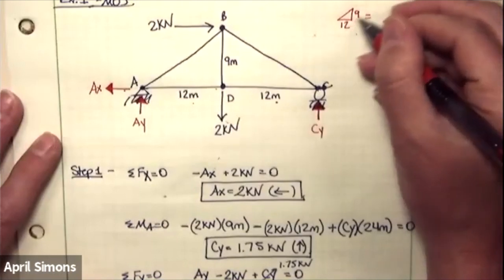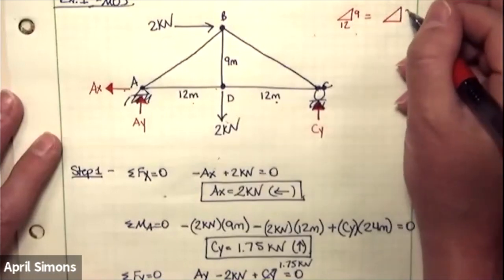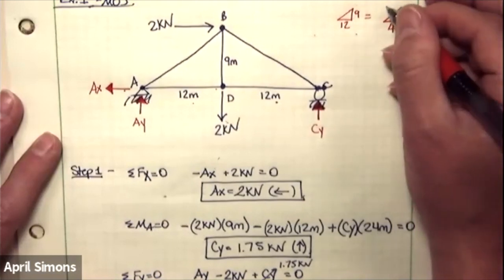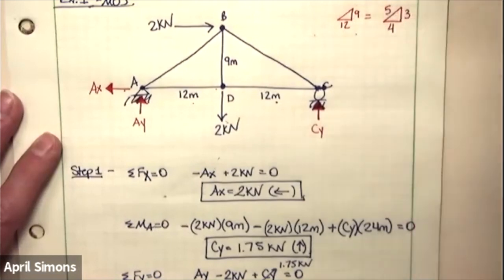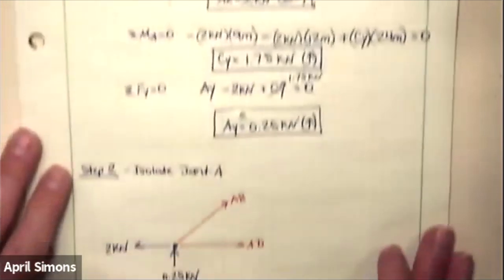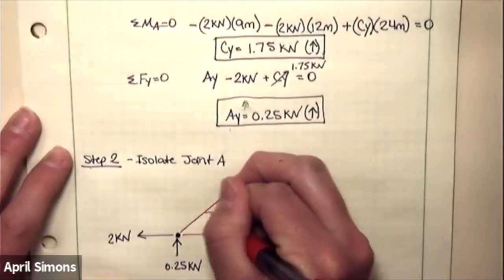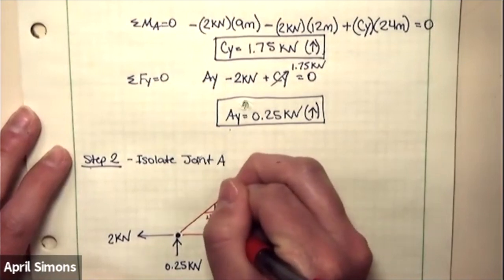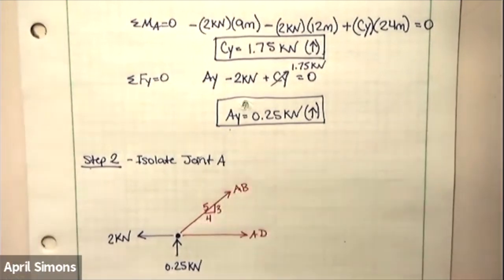If we divide both of these terms by 3, that gives us 3 vertical, 4 horizontal. And we know that that's 5 for the hypotenuse. So 3, 4, 5. So we're just going to translate that here to AB. So we had 3 vertical, 4 horizontal, and 5 for the hypotenuse.